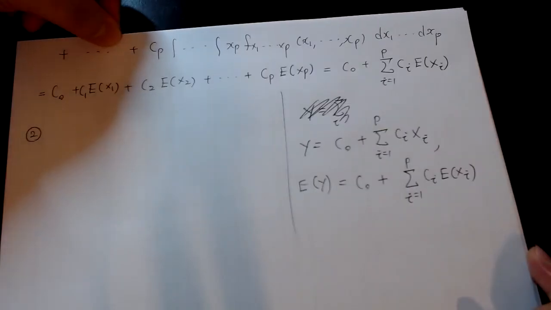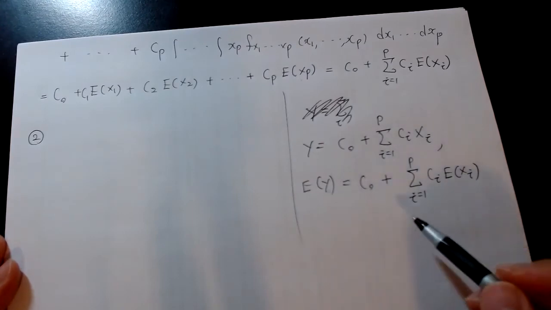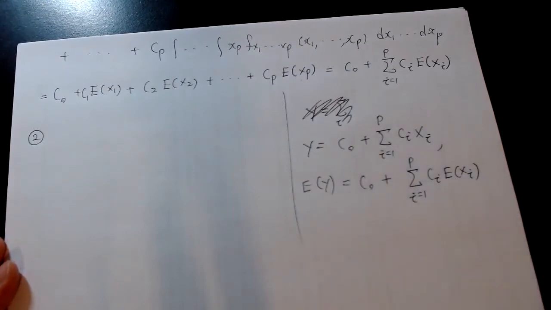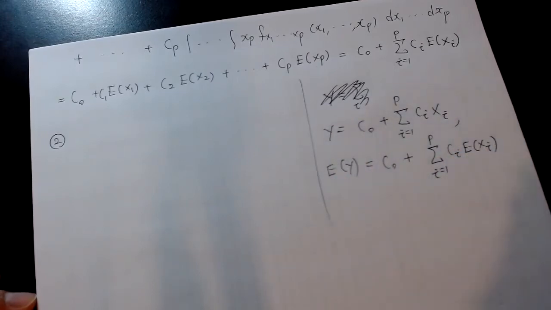Keep this in mind. This is trivial, because expected value satisfies linearity, and y is defined as a linear combination of the xi.